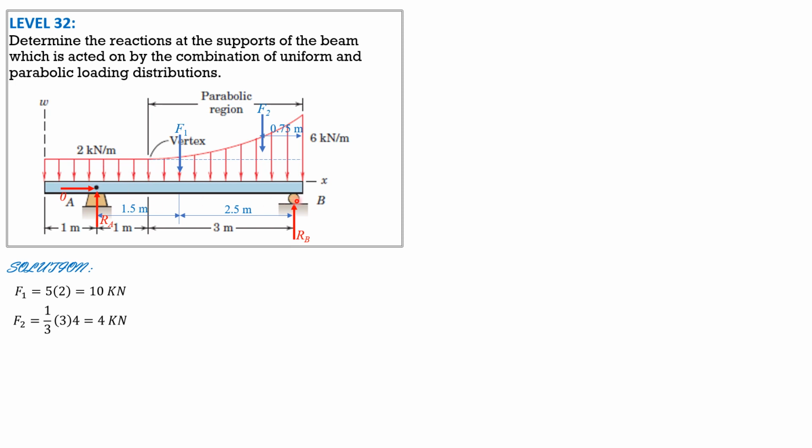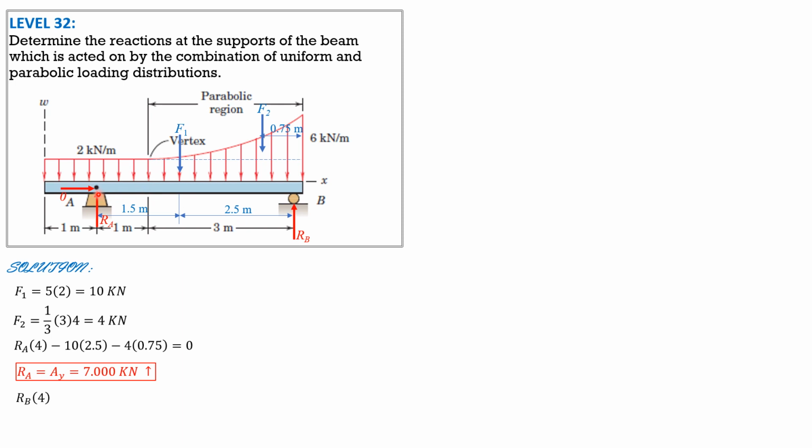Then summation moment about B equals 0. So RA times 4 minus F1, 10 times 2.5, minus F2, 4 times 0.75 equals 0. So RA can now be computed. It is equal to AY, and it is 7 kilonewtons. Likewise, summation of moments about A equals 0.